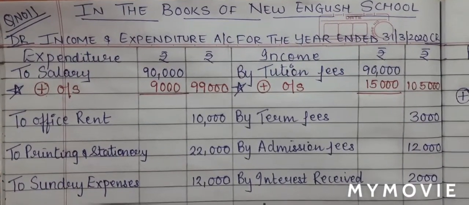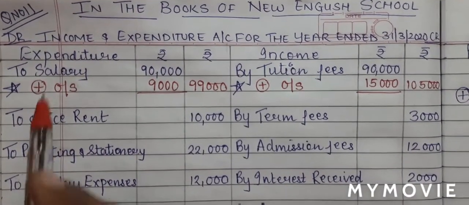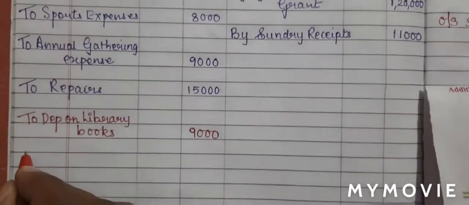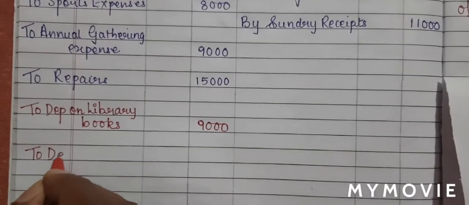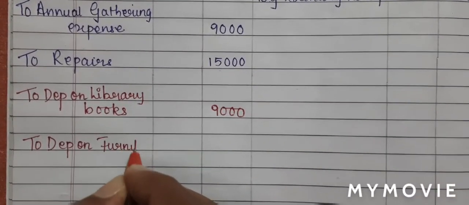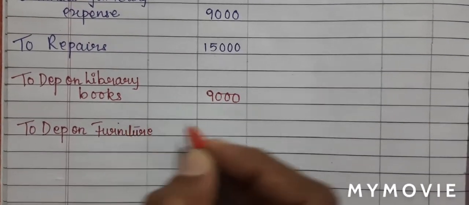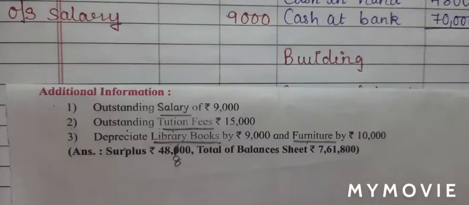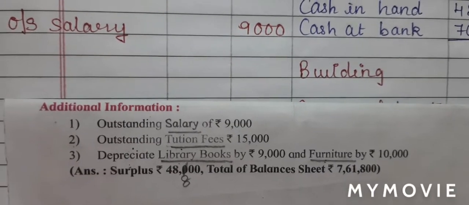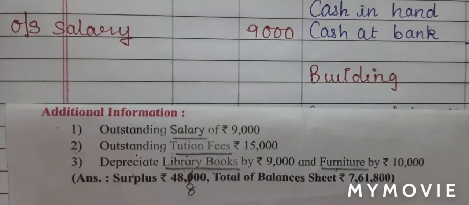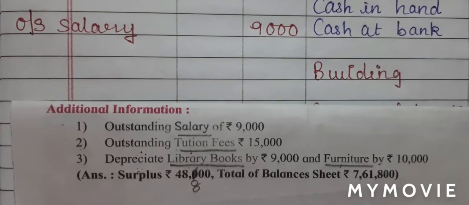My second effect will be on the expenditure side. I'll write down to dep on furniture. In the outer column, 10,000. With this, students, we have completed step number 4, doing our balance sheet and our adjustments.